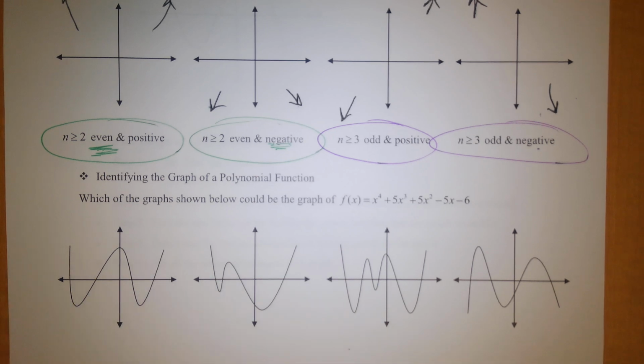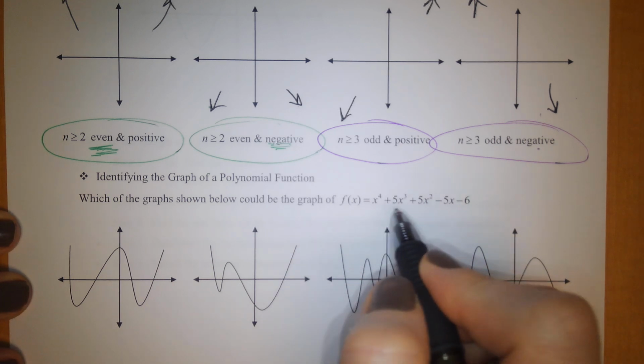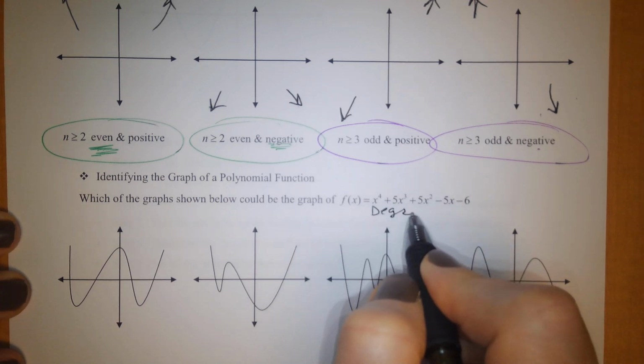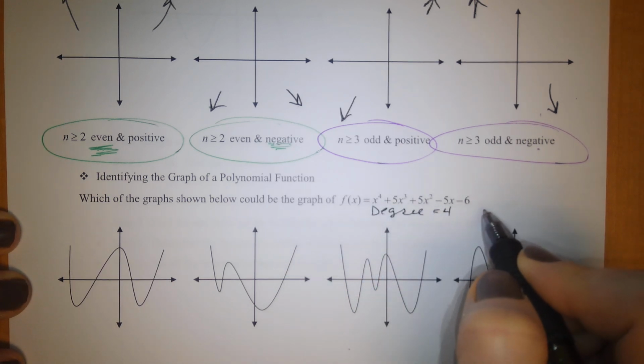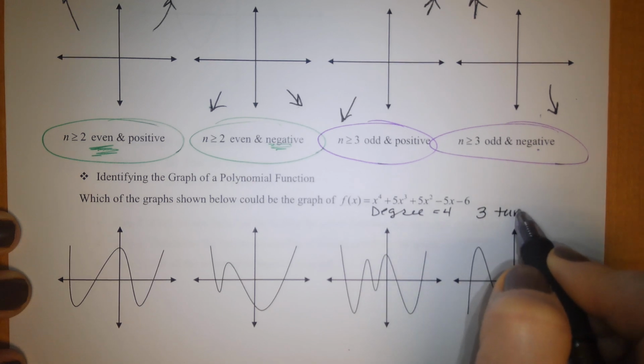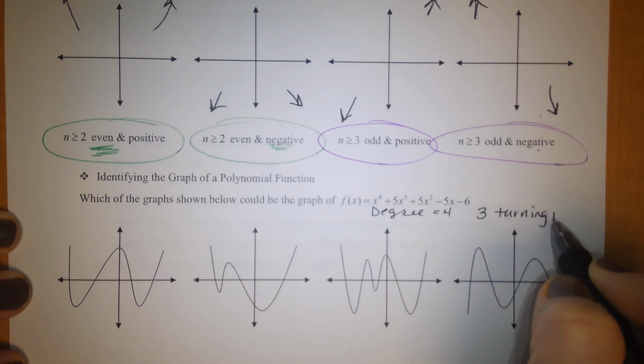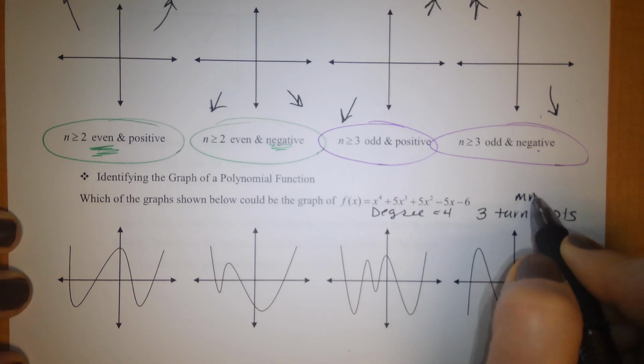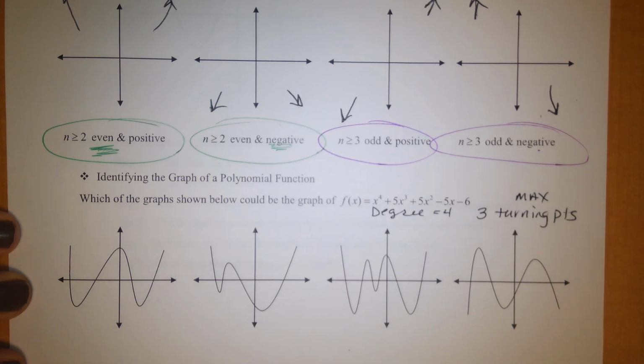Let's discuss the end behavior of these four graphs. Which of the following graphs below could possibly be the graph of this function? Well, there's many things we can determine. We can tell the degree of this is going to be 4. Which means it could have up to 3 turning points, but no more. So it will have a maximum of 3 turning points.